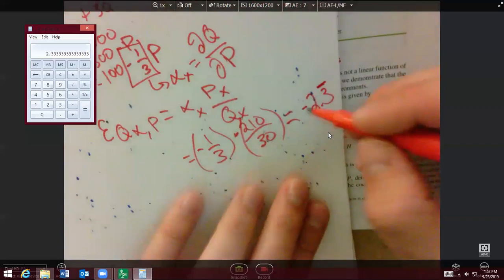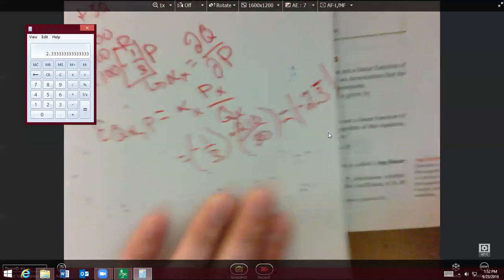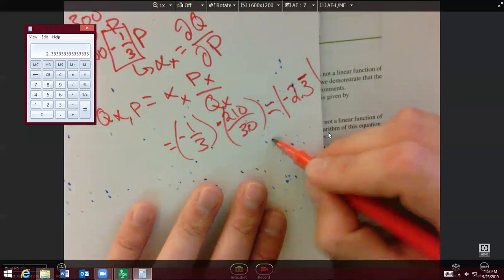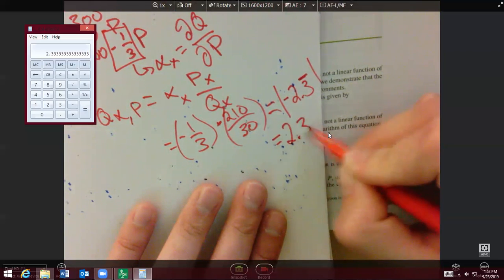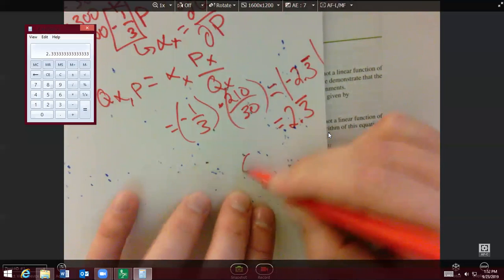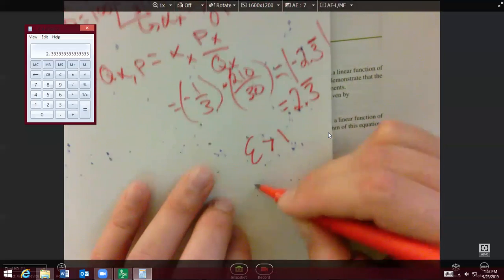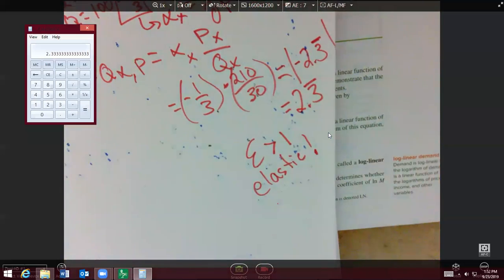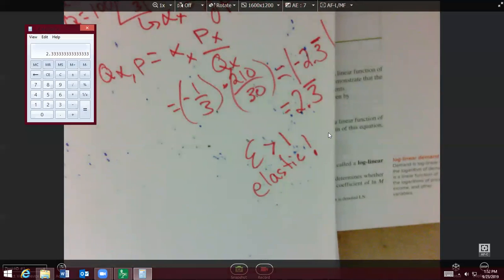Now we always know that it's the absolute value, right? Because it's elasticity of demand, so we understand that it's going to be downward sloping, right? So this is going to be 2.3 repeating. So since the elasticity is greater than 1, we're going to say it's elastic. Kind of a pain since you're given the demand in the wrong format.